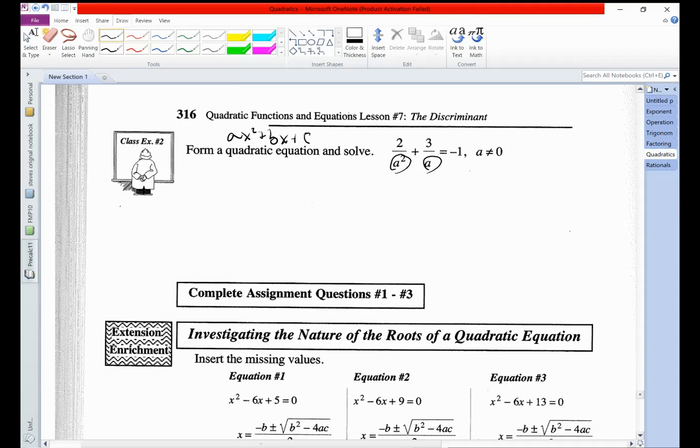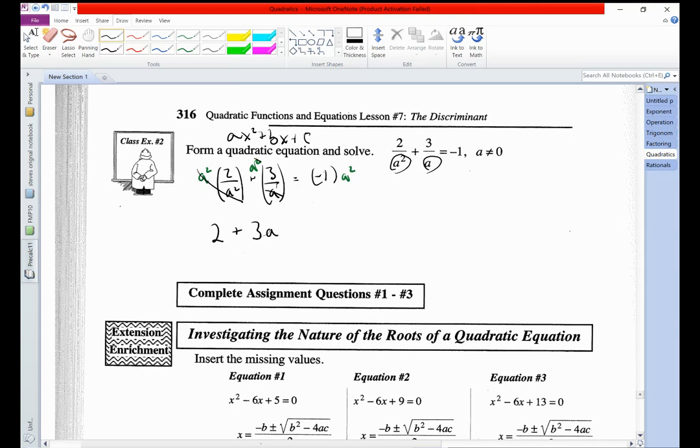And we can do that if you say, okay, well, we have 2a squared plus 3a is equal to -1. If you multiply every term by a squared, what's going to happen in this first term, those a squareds cancel out and you're left with 2. In this second term, you have a squared on the top and a on the bottom, so you're just reducing that to 1a.